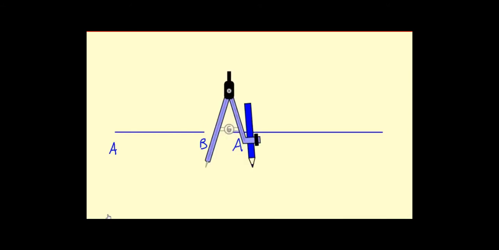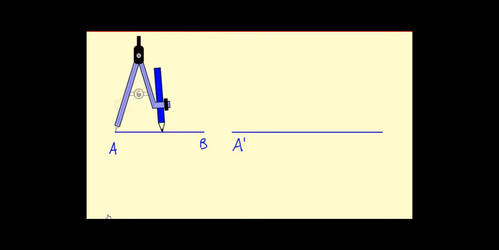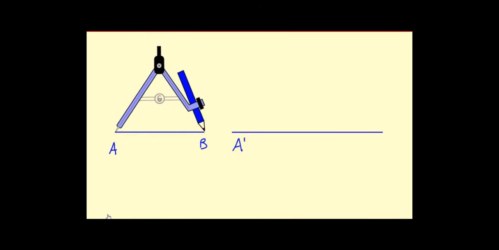The first thing we're going to do is take a ruler and simply draw another segment that is clearly longer than our original segment. And then I'm going to label this point as A prime, because it is a copy of point A. Next, I'm going to take my compass and put the point of it at A. I'm going to open the compass up so that it represents the length AB.